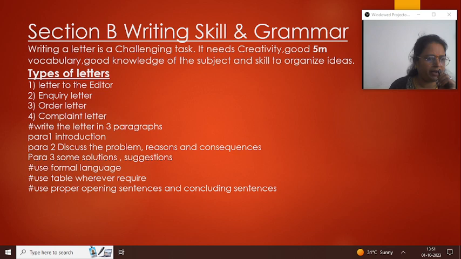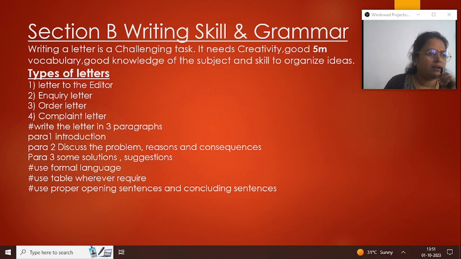Make your format. There is a garbage problem in our society, and if you write a column or an article in your newspaper, many people will be aware of it. So please understand my concern and take note of my issue. Then in the second paragraph you inform it, and concluding sentences also. What may be the solutions for it?